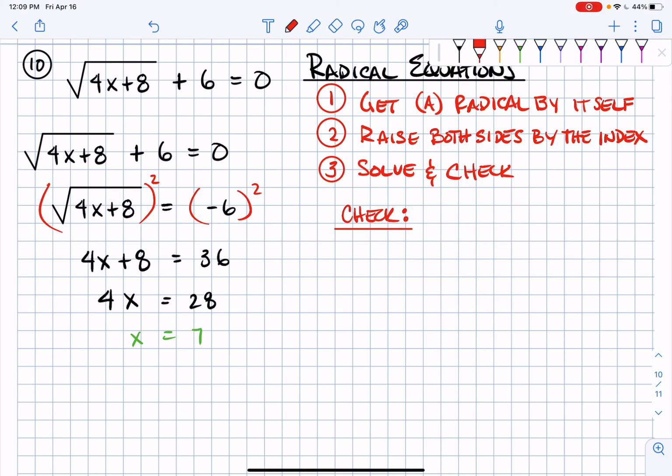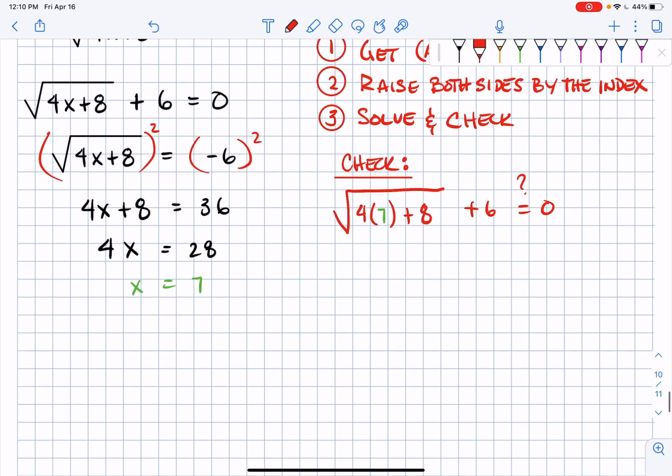The square root of 4 times 7 plus 8, plus 6: is that equal to 0? So this is going to be 28 plus 8. Is the square root of 36 plus 6 equal to 0?